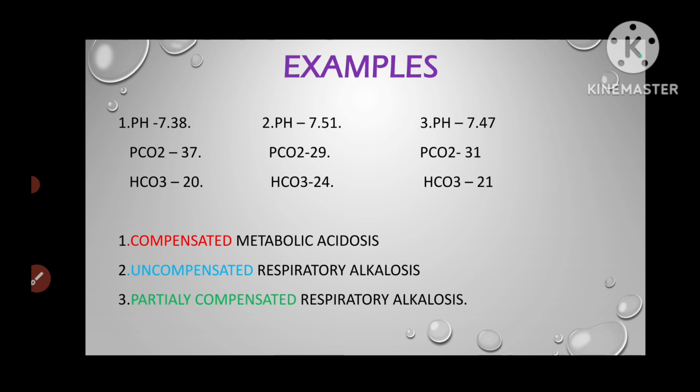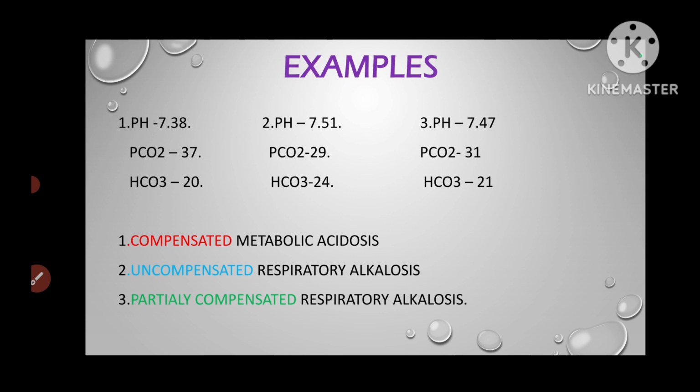Now the PCO2 value is absolutely normal, nothing to do with this case. Next, HCO3 is lesser than the normal value of 22. So we compare HCO3 and pH. Both are lesser, in the same direction. Respiratory is opposite, metabolic is equal direction. pH is decreasing, HCO3 is also decreasing, so it is metabolic acidosis.